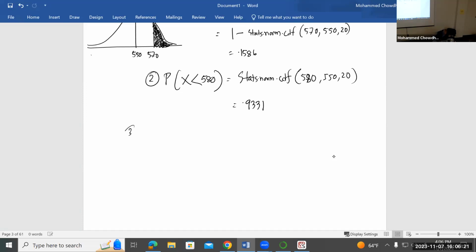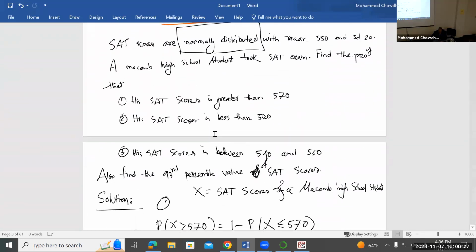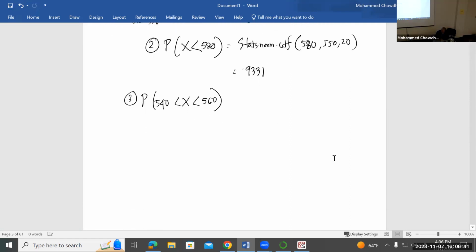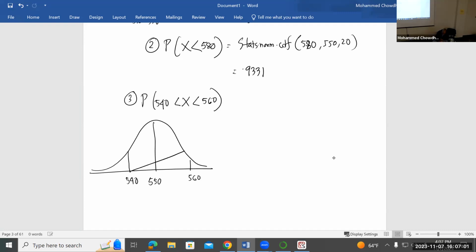Now I want to do number 3, which is a between problem. Between 540 and 560. So X is the ACT score. This is 560 and this is 540. This is what we want to find. This is 550, and this is 540. I want to find this area.